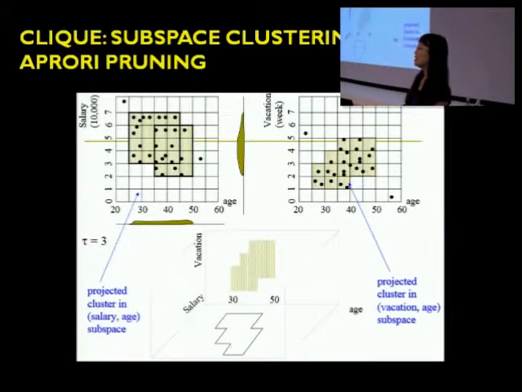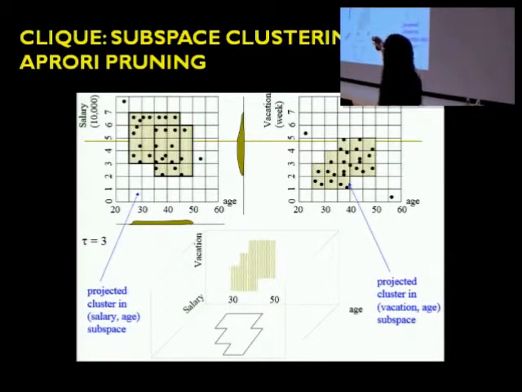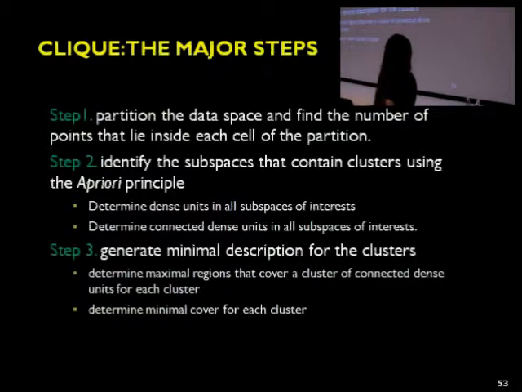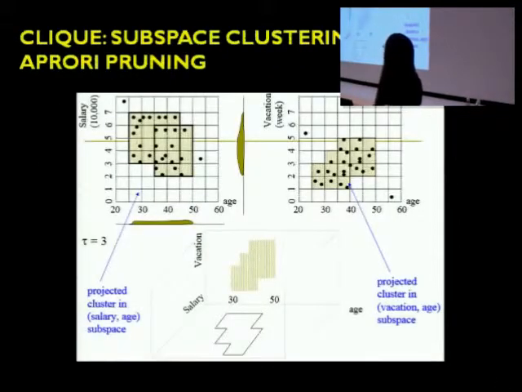Basically, we start from 1 dimension to 2 dimensions to 3-dimensional subspaces. We project the data to a grid where we partition the data values into equally sized bins. This way we can easily detect densely populated regions in this subspace.